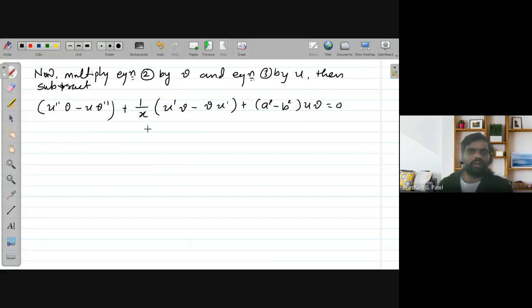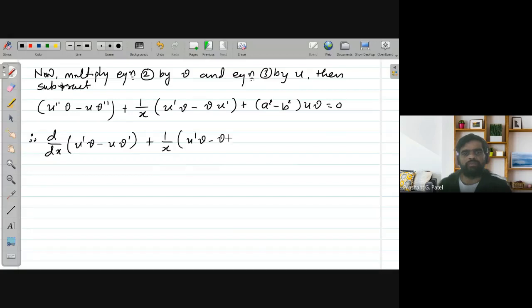Now if you rewrite this, I can rewrite this as d by dx of u dash v minus u v dash plus 1 by x into u dash v minus u v dash plus a square minus b square uv equal to 0.